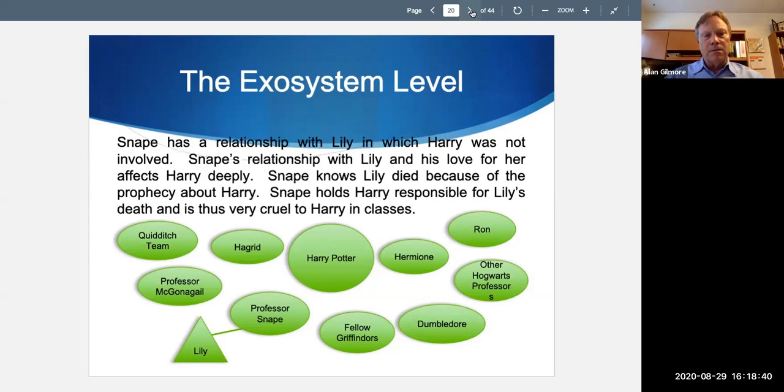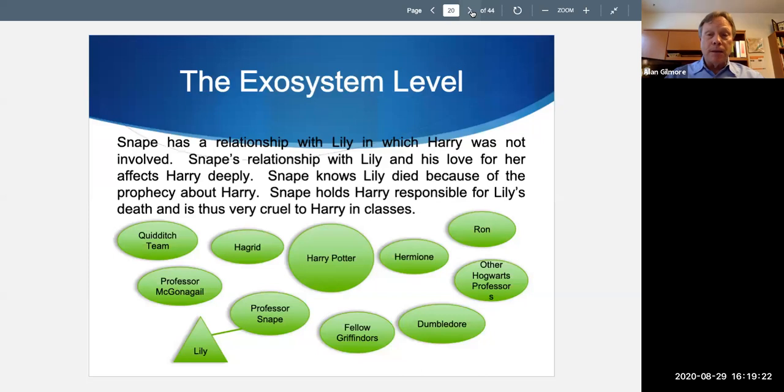It goes back to the fact that Professor Snape, in his earlier days before he became a professor at Hogwarts, had a relationship with Harry's mom before Harry's mom got married and had Harry. So Snape had a relationship with Lily, Harry's mom, in which Harry was not involved. Harry wasn't born yet. Snape's relationship with Lily and his love for her affects Harry deeply, because if you know the books or the movies, you know that Harry and Professor Snape had a very adversarial relationship.